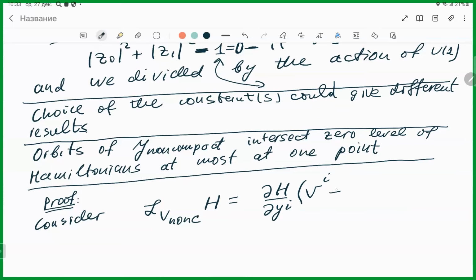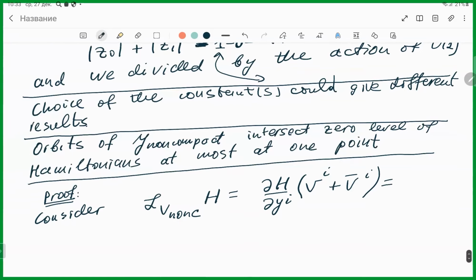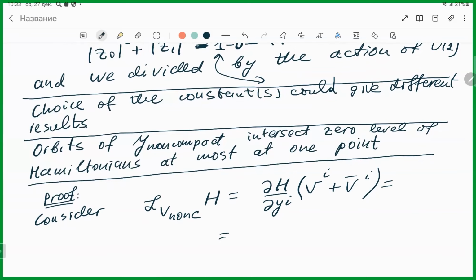Here I have V plus V_i bar. Then what I have here would be just the metric g_{i j bar}.